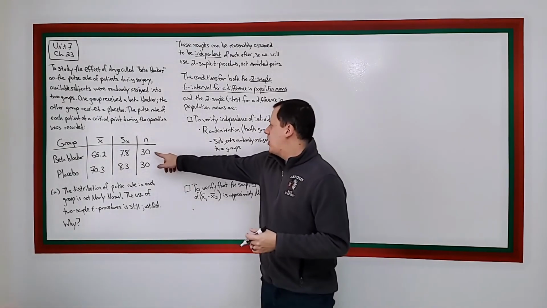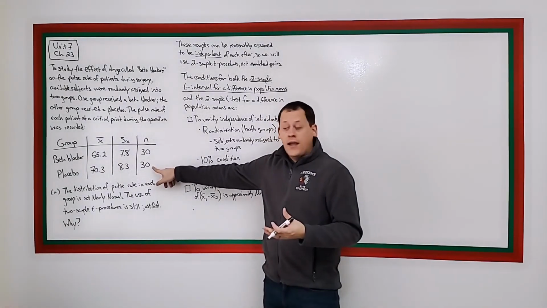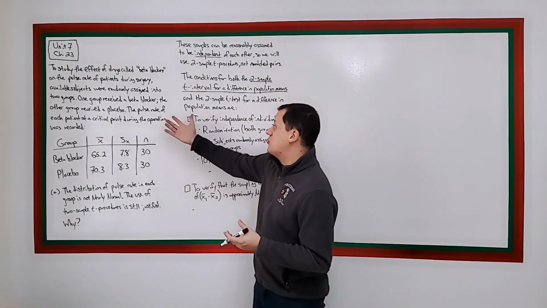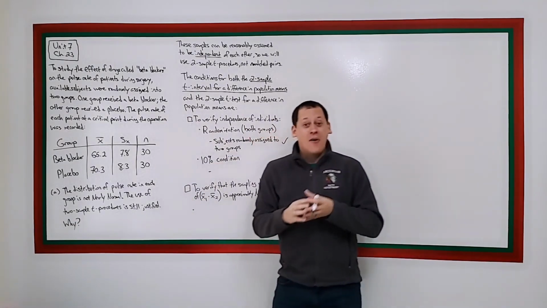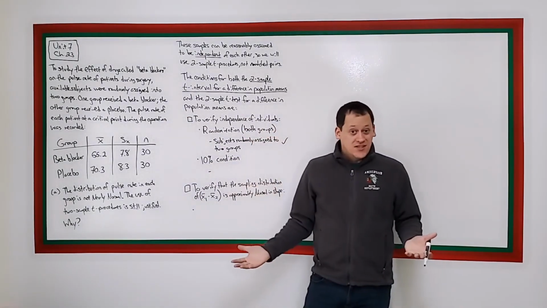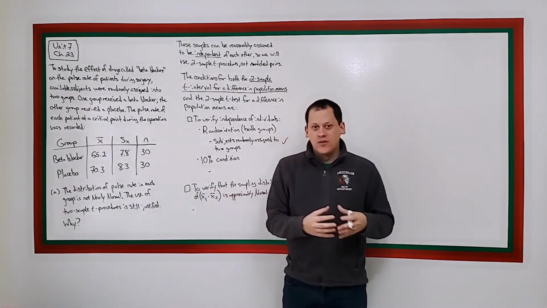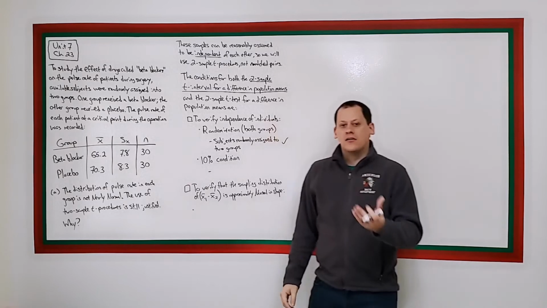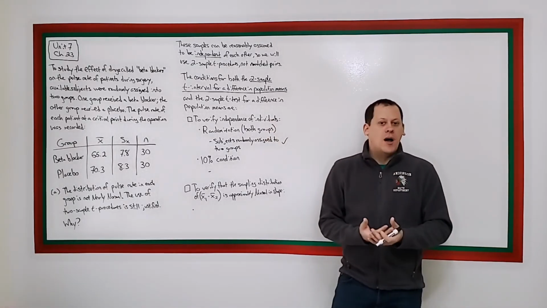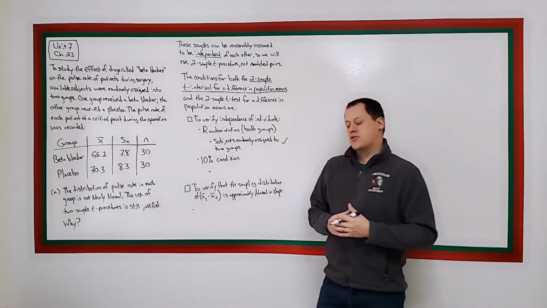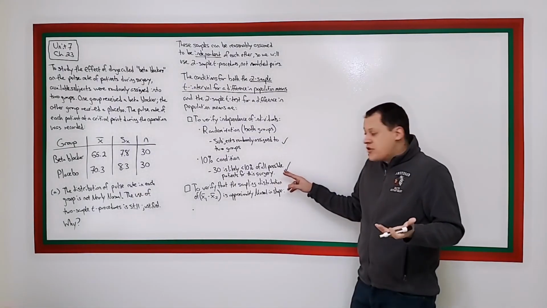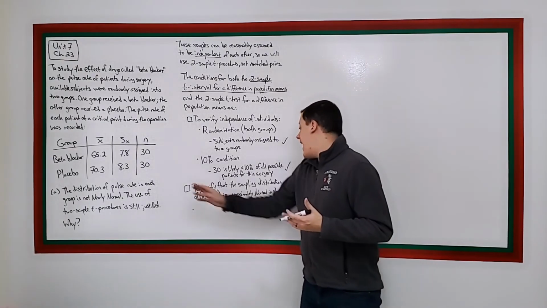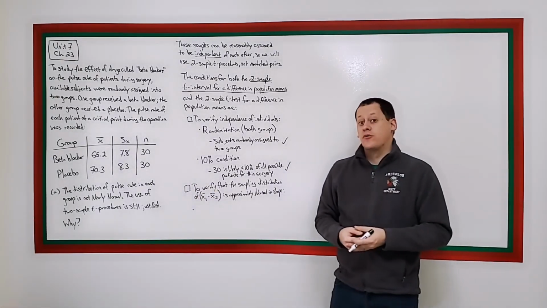Well, our sample sizes are 30, and not that we know what procedure is going on here or how many people have that procedure done, but unless we have good reason to say otherwise, it's reasonable to assume that these sample sizes are less than 10% of the population of all possible patients for this surgery. So 30 is likely less than 10% of all possible patients, so that meets the condition for both groups at the same time.